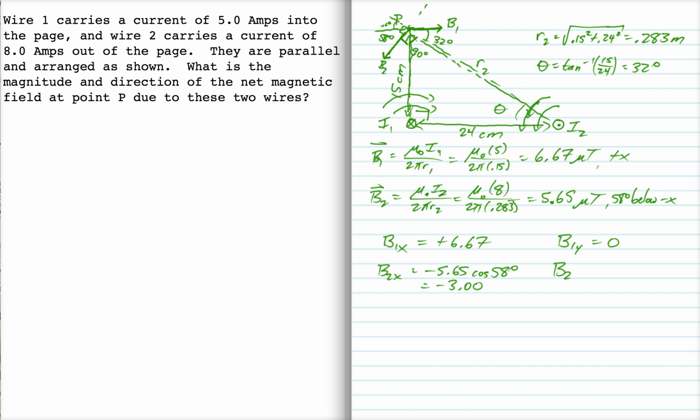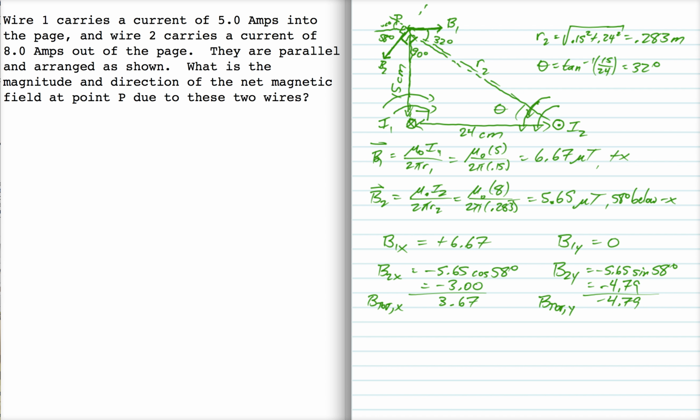And the y component of B2 is minus 5.65 sine 58, which is minus 4.79. Okay, so I want to add up the components. The total x component is plus 3.67, and the total y component is minus 4.79.